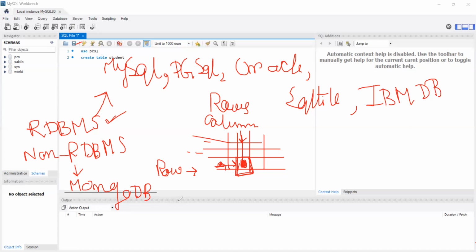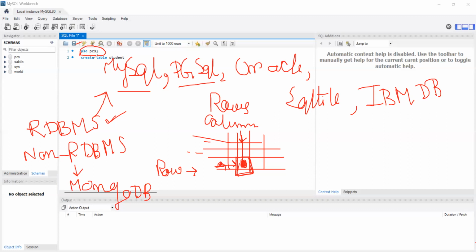Most of the time people ask why MySQL and PGSQL, why is there a separation of these things? The separation is the syntax. Whenever you write code, see on my screen, there is a little bit of code.